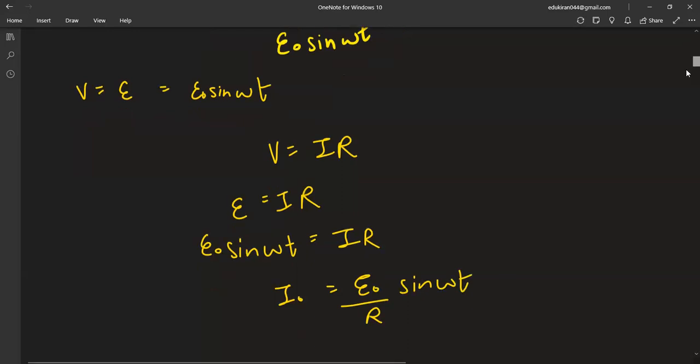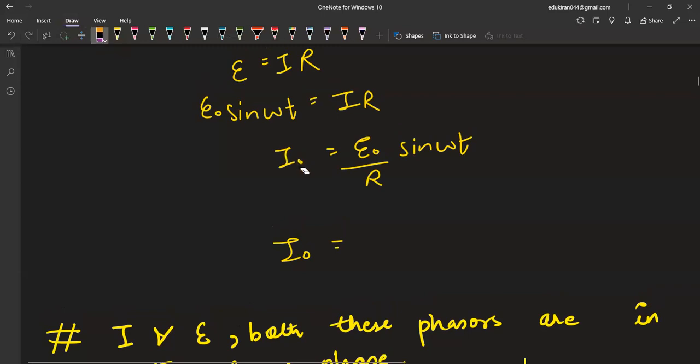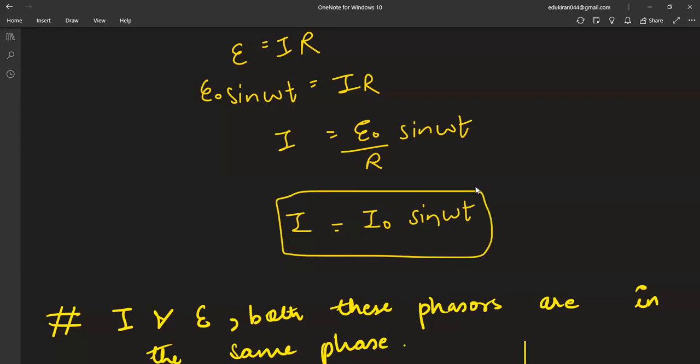Forget about capacitance, inductance, that we'll do individually, then only it will become clear. Now see, I is equal to E naught by R. What is E naught by R? This is I naught sine omega t. That's it, what you have to remember.